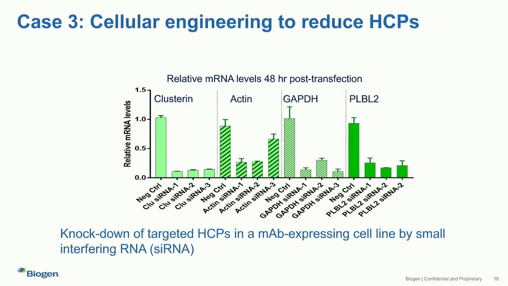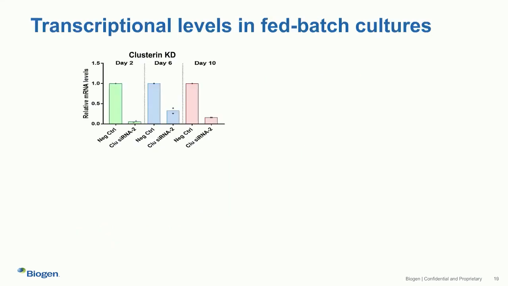For the other host cell proteins, we found all of these siRNAs worked, with the exception of one actin siRNA, which did not work that well. So we continued: for each of these proteins, we selected one of the siRNAs and kept monitoring the cell culture performance at day 6 and day 10.